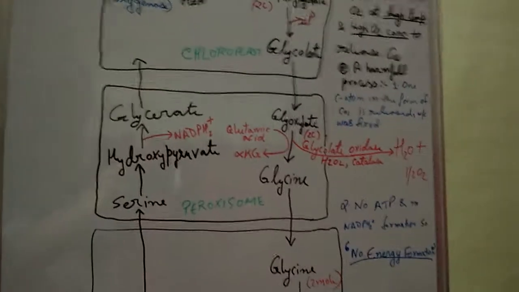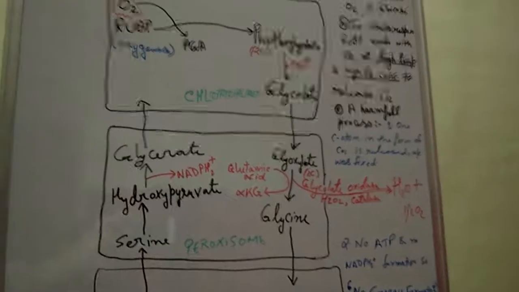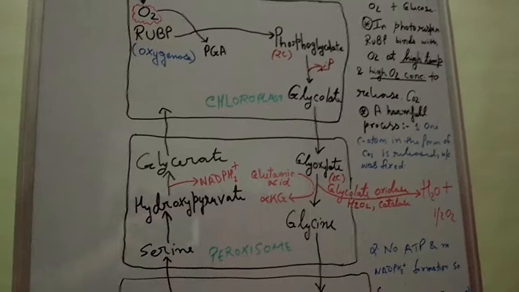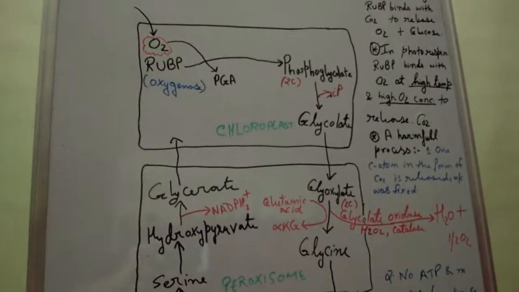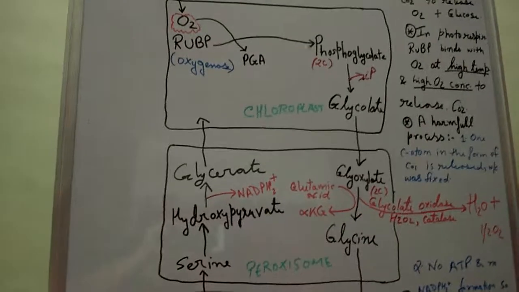So I think this topic is clear. This is a very short, small topic and very easy to understand. You can correlate this with the Calvin cycle, where the process is just the reverse. That is, carbon dioxide will bind with RUBP instead of oxygen to produce glucose.